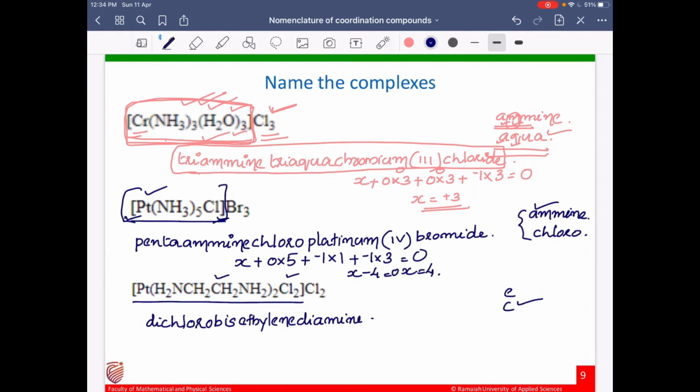Ethylene diamine we can put in a bracket. So all ligands are over now. We wrote chloro and we wrote ethylene diamine. Now next is platinum. Platinum is part of the complex ion, which is cation. So we can write platinum as such. Now cation is over.